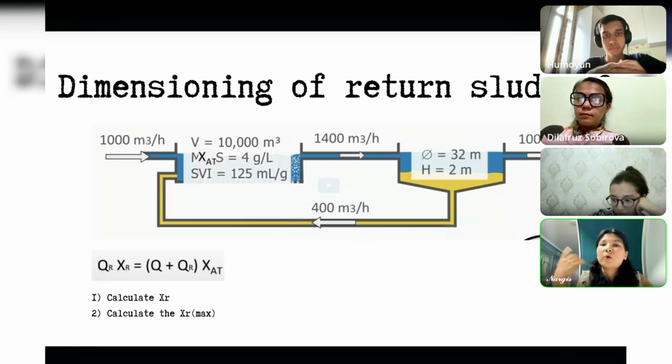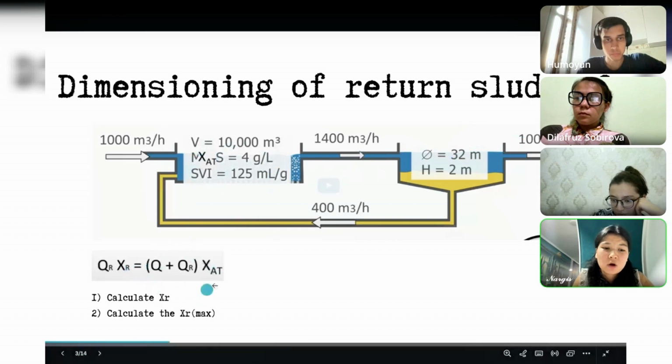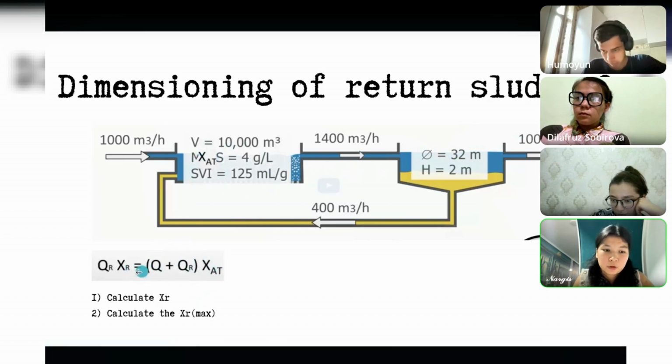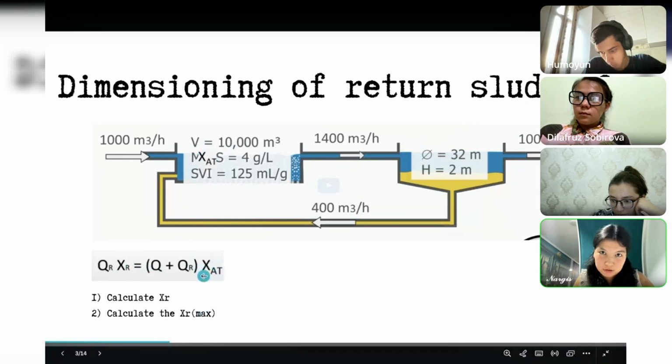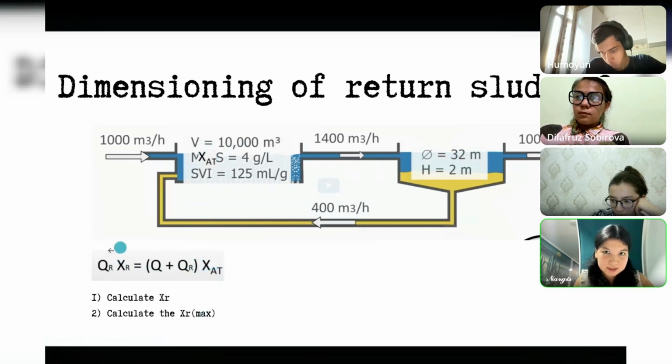So what can be done in order to address this problem? First, this XAT here. We can base all this on our formula. For XR to be low, which we want to be lower than 12, our XAT should be lower, right? Because they are proportional. So XAT should be lower.